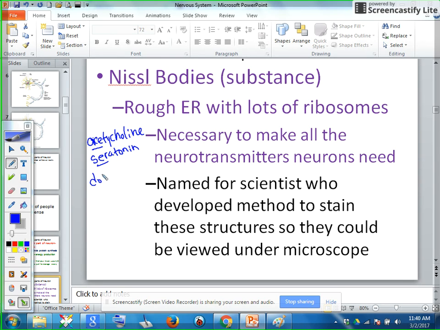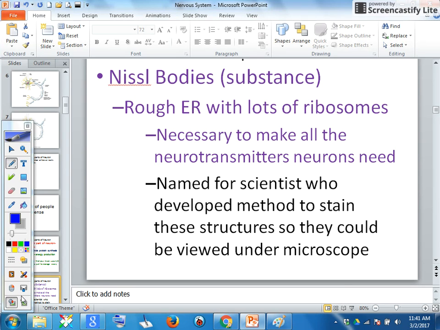Maybe you've heard of dopamine, D-O-P-A-M-I-N. Dopamine, which is also a neurotransmitter, a mood elevator. Well, those neurons can't go to the dopamine store, can't go to the serotonin store to buy them. They actually have to make these proteins. And so that protein synthesis of the neurotransmitters happens inside the Nissl bodies.